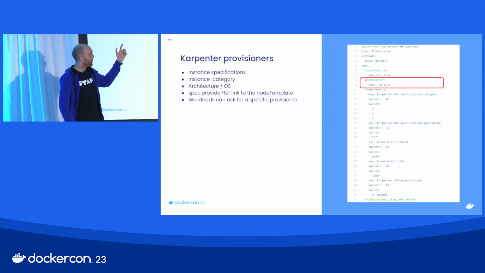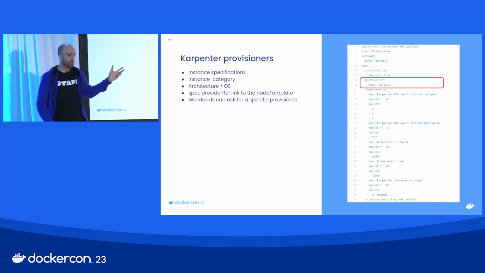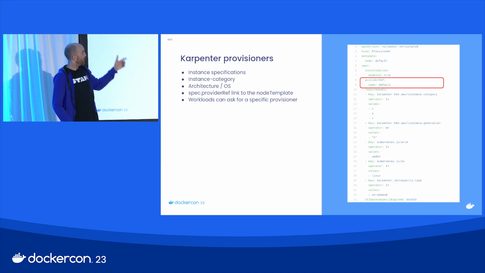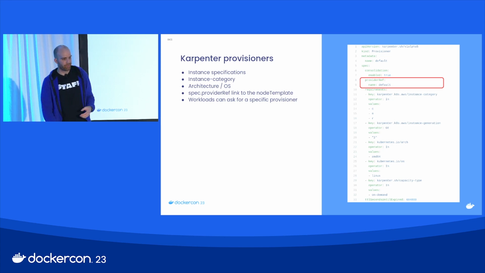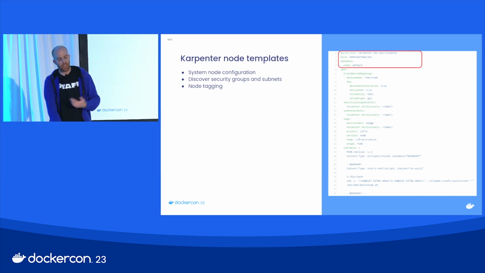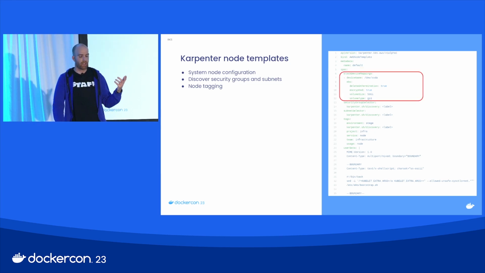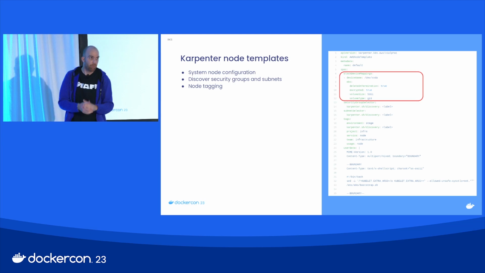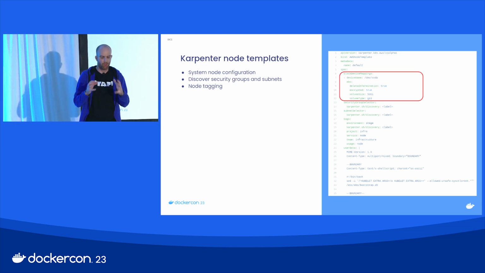And here you will specify the node template you want to use. So here it will also be the default, so that's the default node template. And the workflows can define a specific provisioner instead if you need. So here that's the node template. You can specify here more the system configuration of the node.